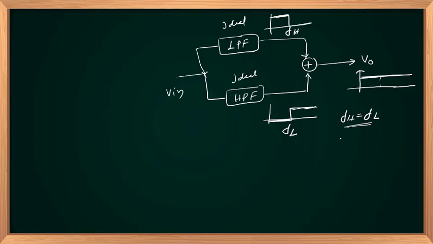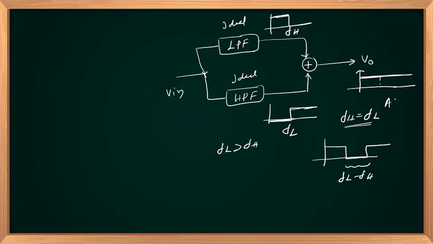If FL is greater than FH, so if you're moving this away from FH, at the output you will have a dip. And that dip will be proportional to the interval FL minus FH.